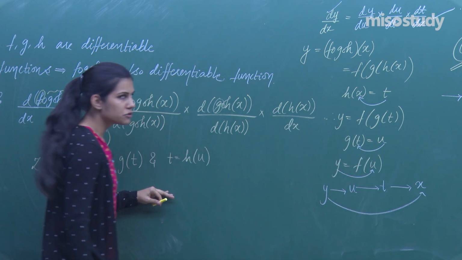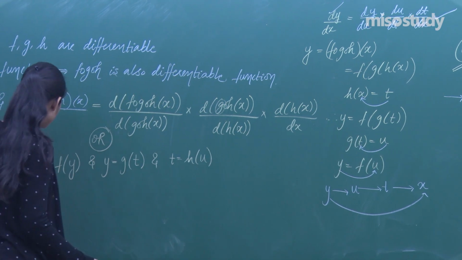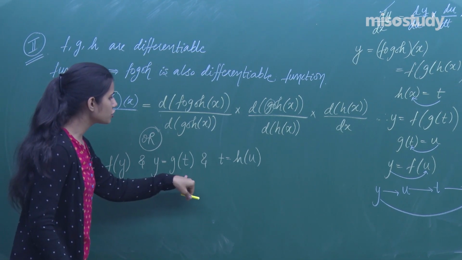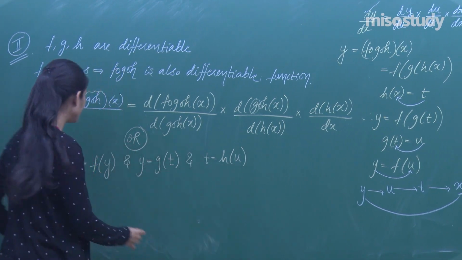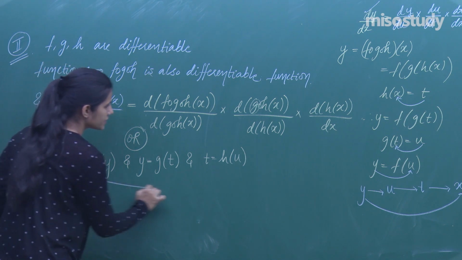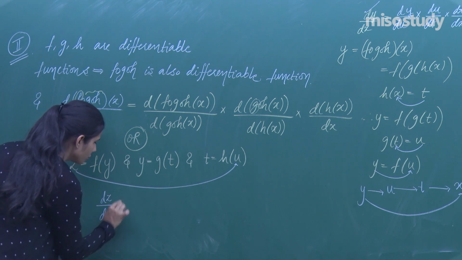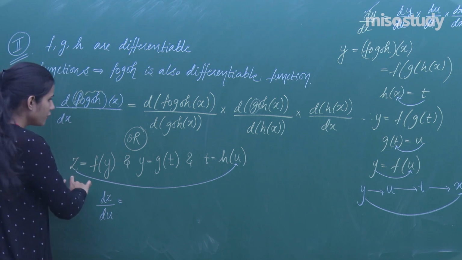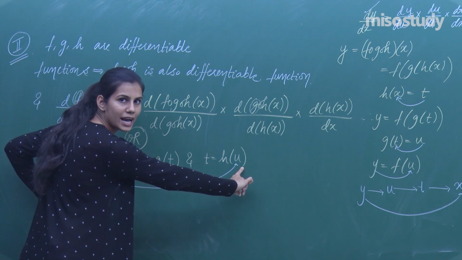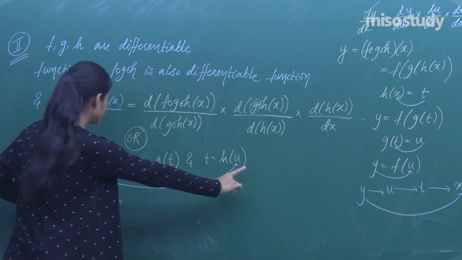Similar thing I was writing over here in just some other symbols. If z is a function of y, y is a function of t, t is a function of u, and you are interested in computing the derivative of z with respect to u, then it will have to be computed by following a certain chain.